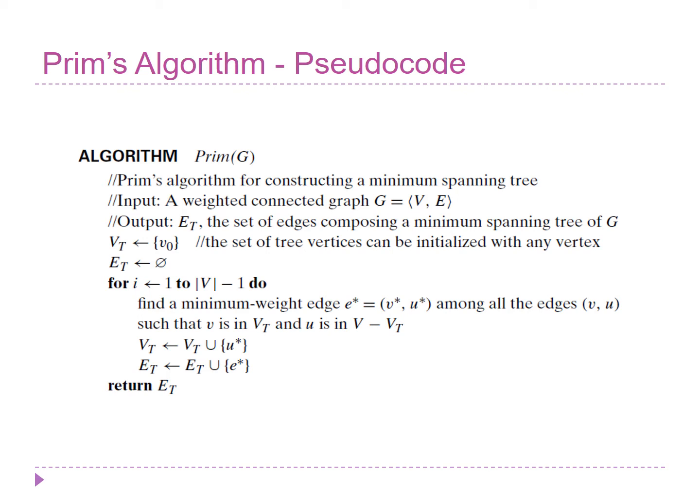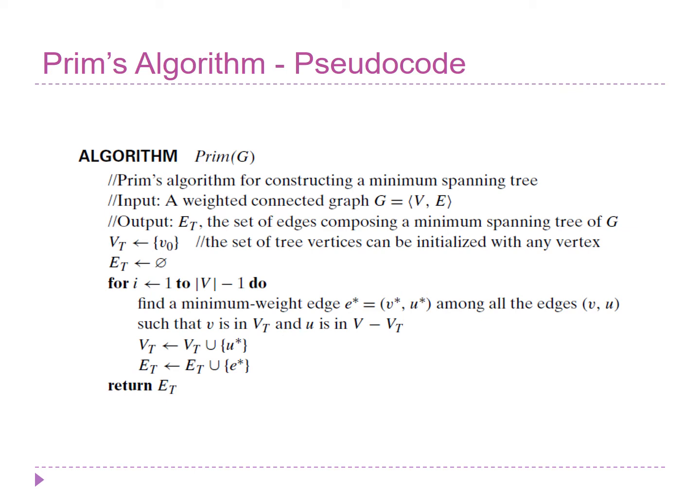For all the vertices in the graph, for the vertex that is currently included as the visited vertex, find all the adjacent vertices that are connected to the currently visited vertex and find the minimum edge that connects these vertices.